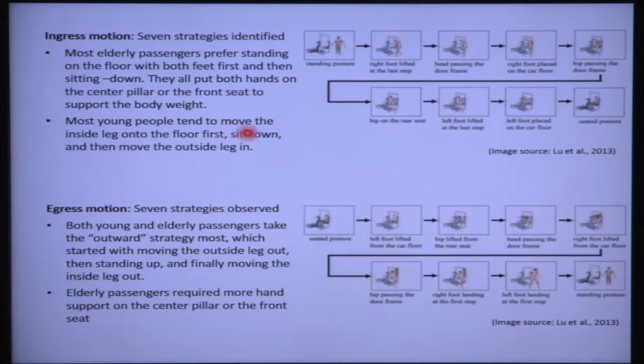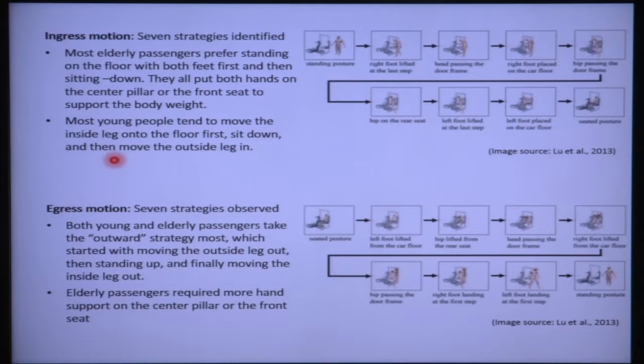Most young people, on the contrary, what do young people do? Most young people tend to move the inside leg onto the floor first, then sit down, then move the outside leg in. So, young people's strategy is different. They do not follow the older person or elderly person.